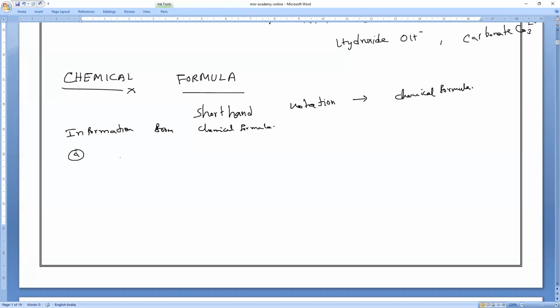It is not new, you can find it out. First, the various elements present in the given compound.